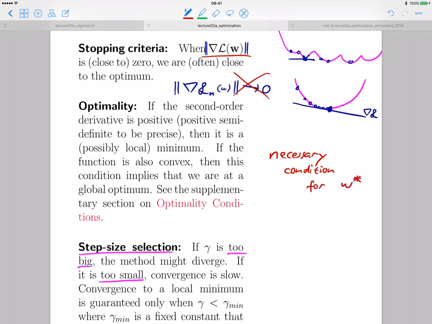So for some point W star, if it's optimal, then for sure the gradient at W star must be 0, the 0 vector. This doesn't work for constraints, but it works for the earlier case we discussed.